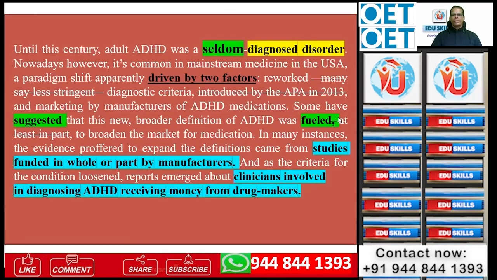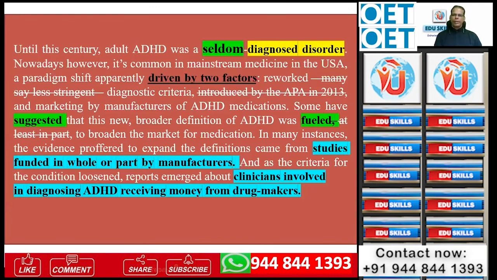All those things they are saying, then they are saying how it was fueled to broaden the market for medication. In many instances, the evidence proffered to expand the definitions came from studies funded in whole or part by manufacturers. All this says the manufacturers were controlling the diagnosis aspect of ADHD. They funded partially or wholly the research work or studies on ADHD.